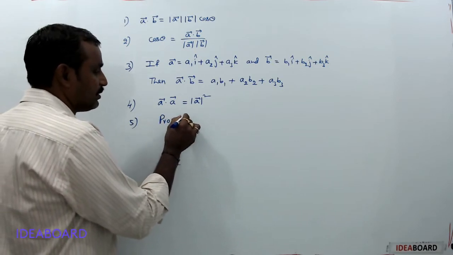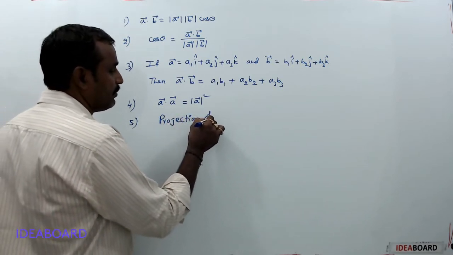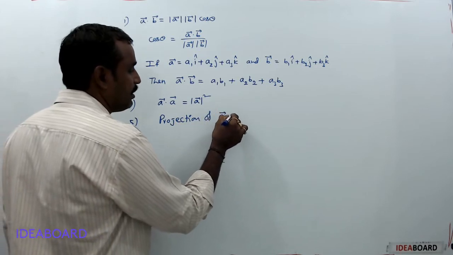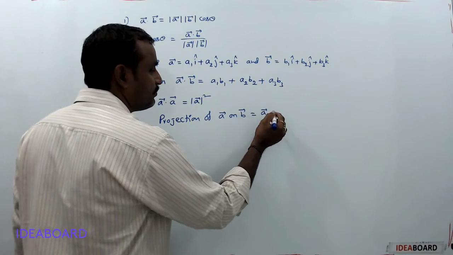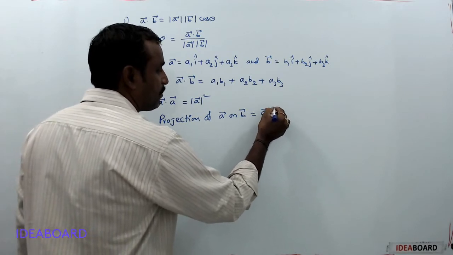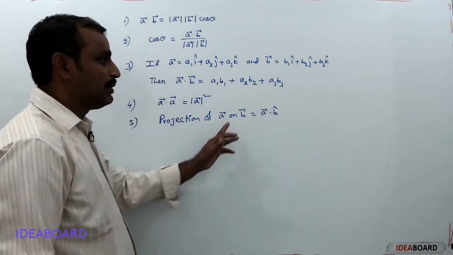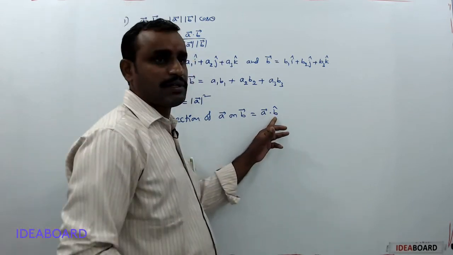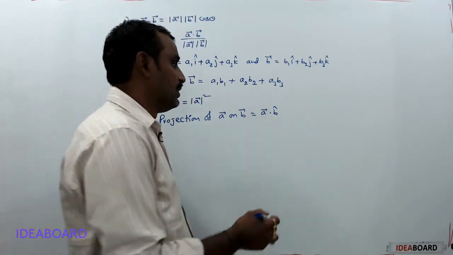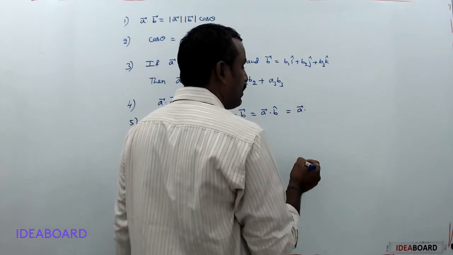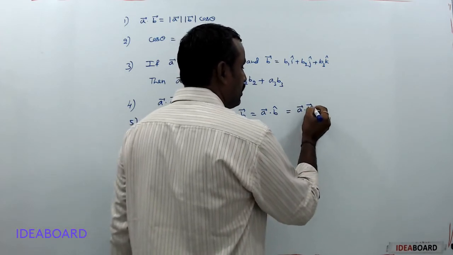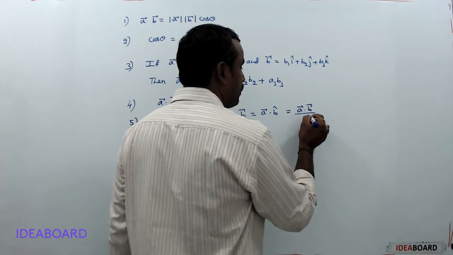Projection of a bar on b bar is equal to a bar dot b cap, where b cap is nothing but the unit vector of b. You can write this as a bar dot b bar by magnitude of b bar.